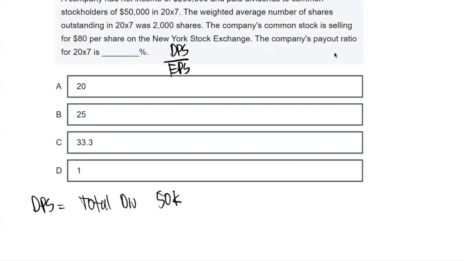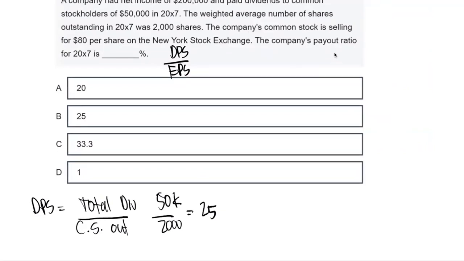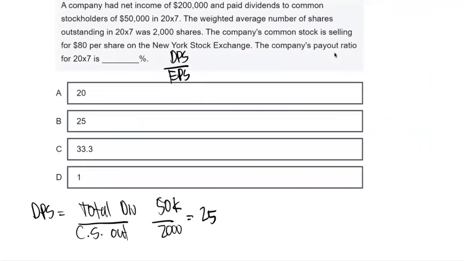We divide it by our number of shares, which is 2,000. So how much is our DPS? 25. Very good. 25. And then we have your earnings per share to complete the formula.